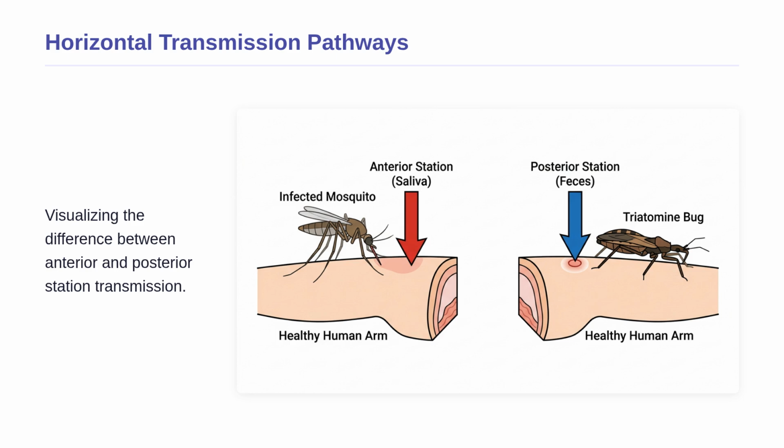Now, look at the right side. Here we have a triatomine bug. The blue arrow shows the posterior station pathway. The bug is defecating near the bite site, and the pathogen is in the feces, waiting to be rubbed into the wound. This visual contrast highlights the different biological strategies pathogens use to enter our bodies.